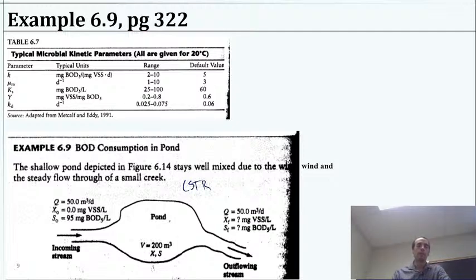And what we want to find is how much X is going out and how much S is going out. Since this is a CSTR, we can remember that XF is equal to just X, and SF is just equal to S, right? They're using F here just to say final. I think in the past, maybe we said effluent or something like that. Okay, so that's what they're after.